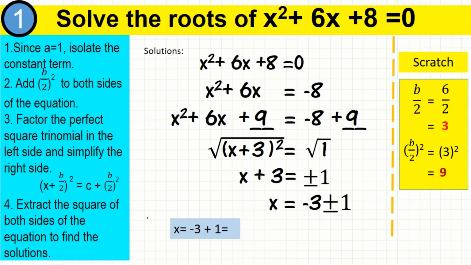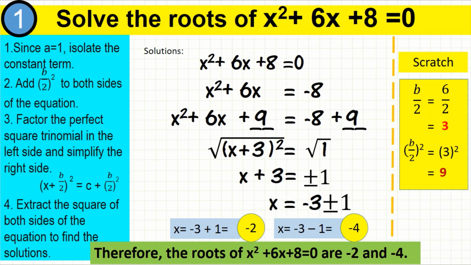So, we have x is equal to negative 3 plus 1, and yung isa is x is equal to negative 3 minus 1. Solving further, negative 3 plus 1 is equal to negative 2, and negative 3 minus 1 is equal to negative 4. Therefore, the roots of x squared plus 6x plus 8 equals 0 are negative 2 and negative 4.